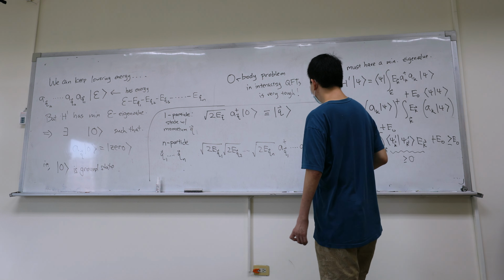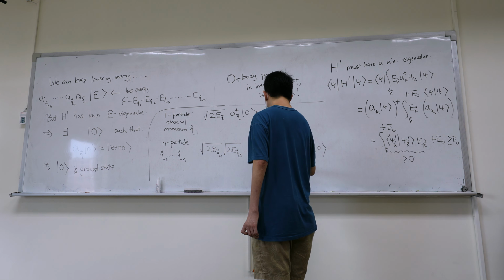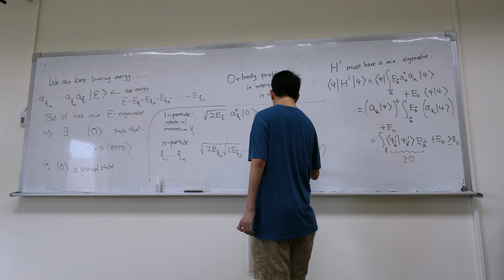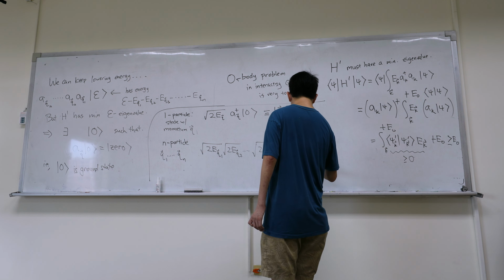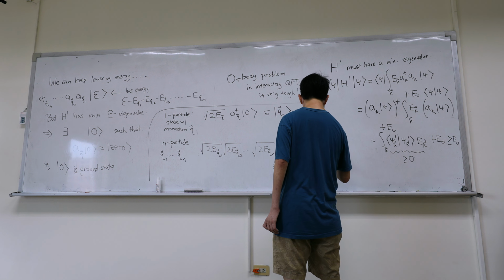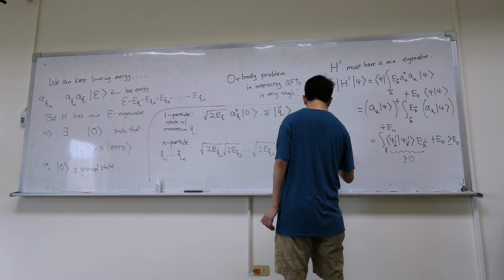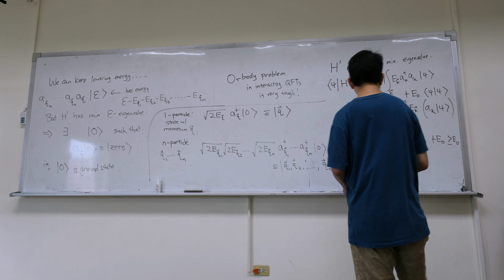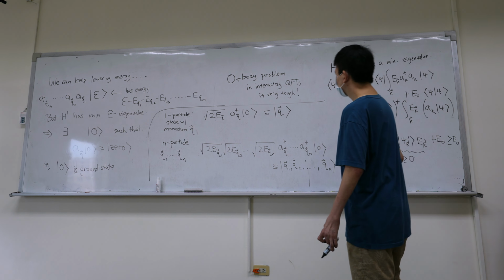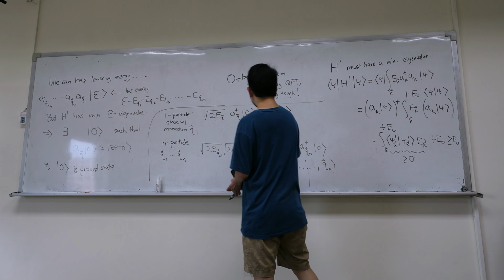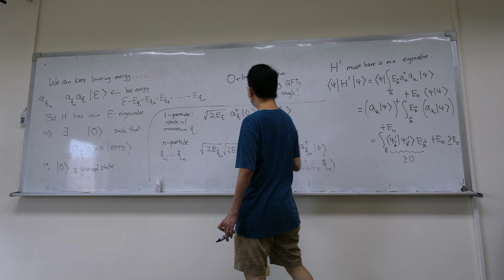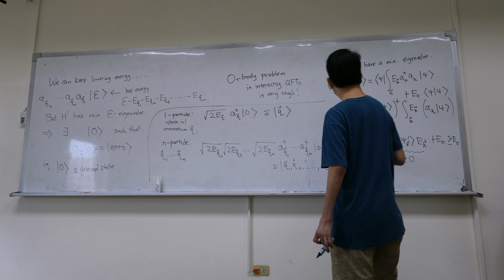This is my n particle state, which I will denote as |Q1, Q2, all the way to Qn>. And even at this point, there are a few things to say. The first thing to say is that this is a slight departure from the quantum mechanical harmonic oscillator.